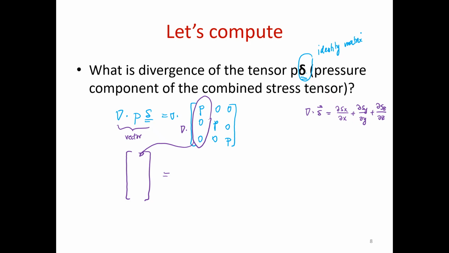So if I take this vector, I have 0, 0 and the pressure derivative. What's the divergence of the second column? dp/dy.